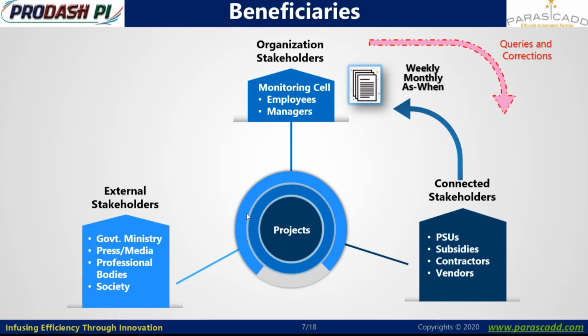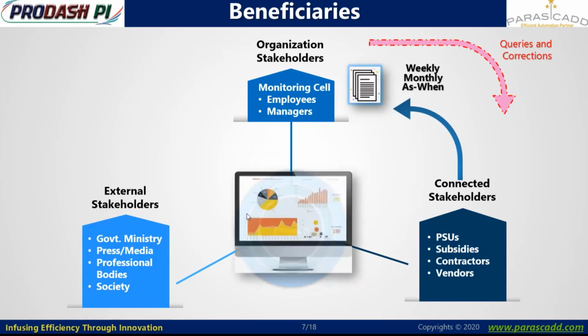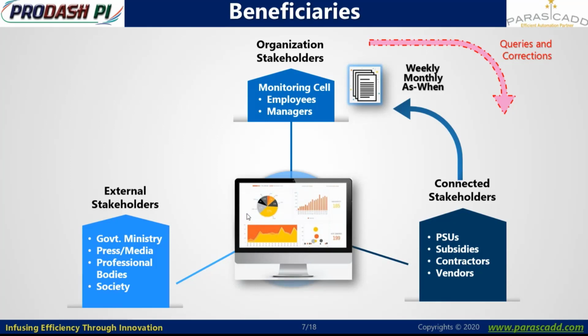Once this progress is reviewed by the monitoring cell, it gets approval through their internal workflow medium. And once the progress is approved, it is reflected and published to the public or to the associating stakeholders for access through dashboards.